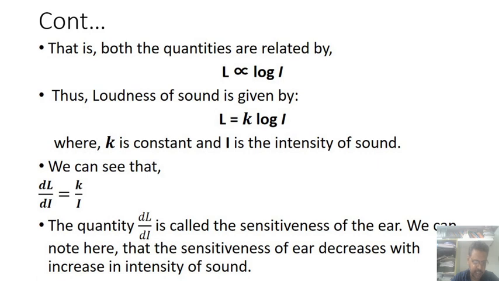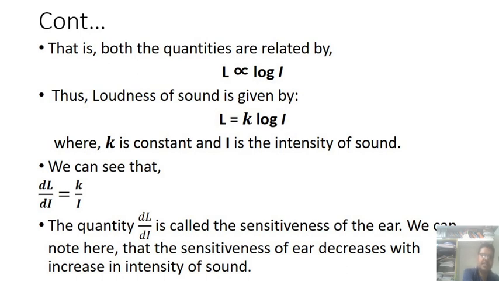So here we can write, according to this law, both the quantities are related by L is proportional to log I, and K is a constant. So we can rewrite this equation: the loudness of a sound is given by L is equal to K log I, where K is a constant and I is the intensity of sound.